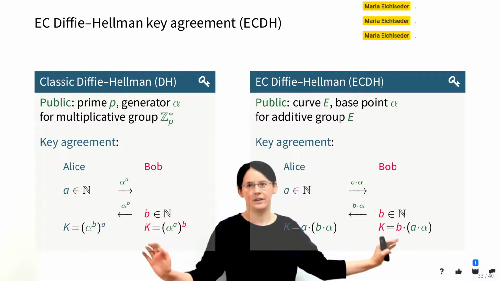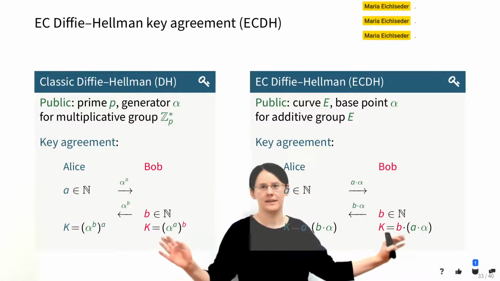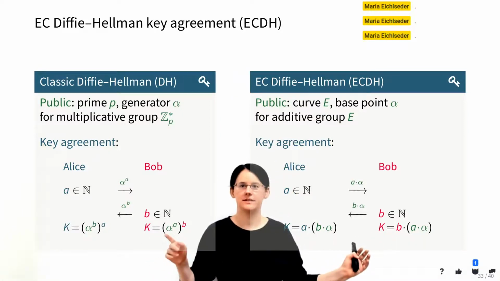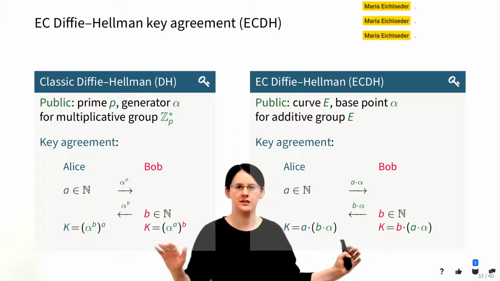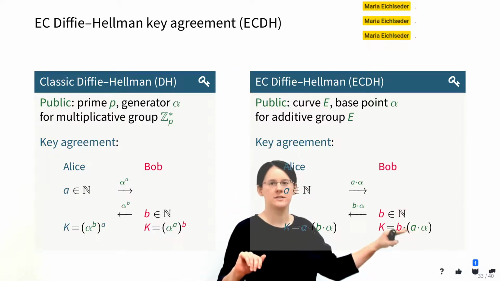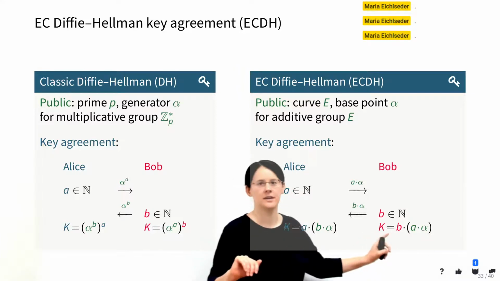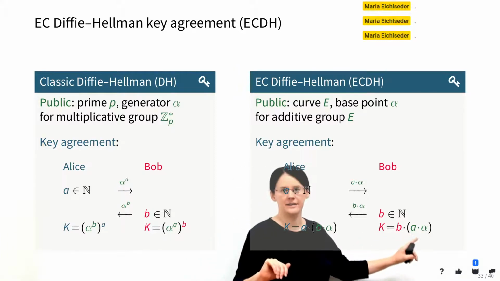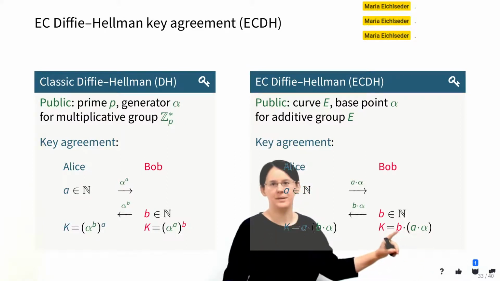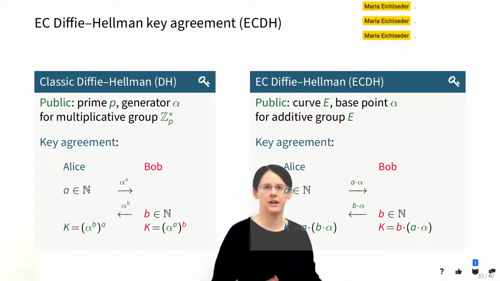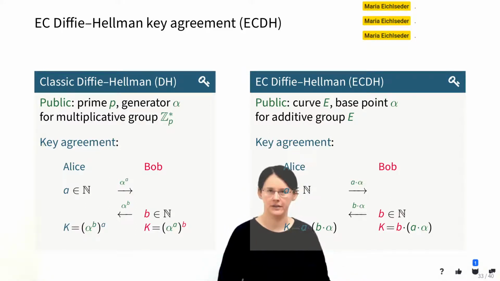And for the final derivation of the key, instead of doing two exponentiations here, we do two scalar multiplications here. So first number a times point alpha, and then of the result, we take the scalar b times this point to get the final result, which is also a point.